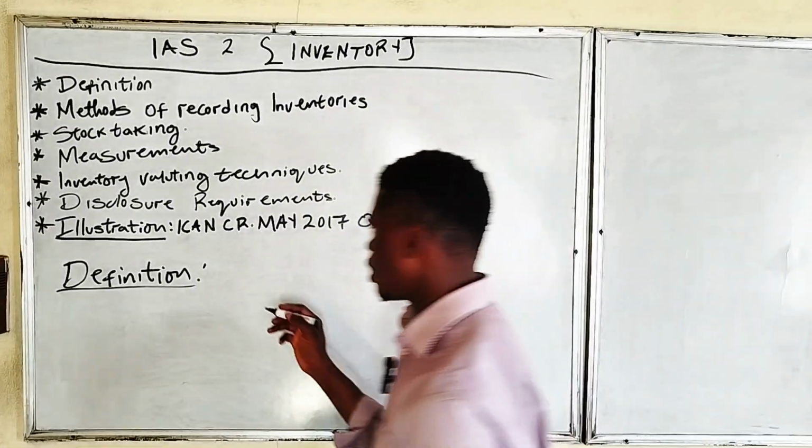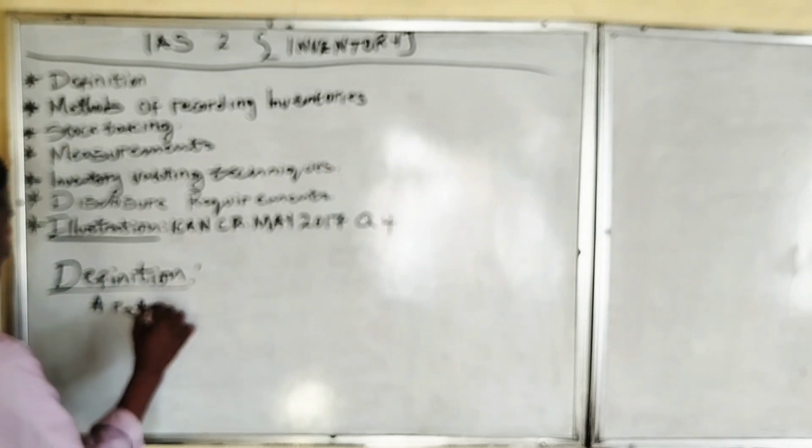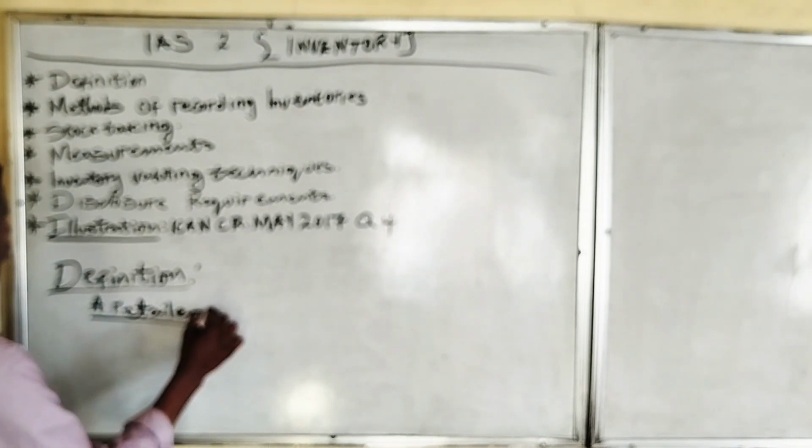For example, if we have a retail company, let's say a retailer, inventories are items in store or items stored for resale.